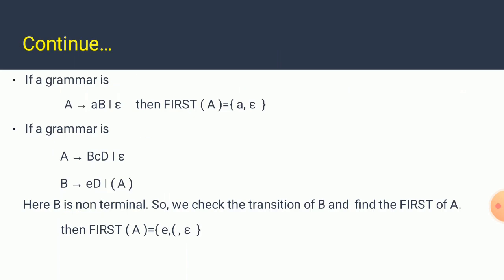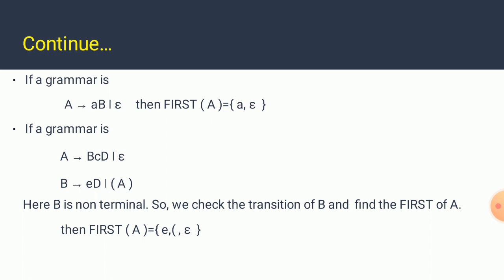In the third condition, if capital A produces small a capital B or epsilon, there are two productions of capital A. We apply the rule: from the previous two rules, small a is included in first, and in the second we directly produce epsilon from capital A. So the first of A is small a and epsilon.